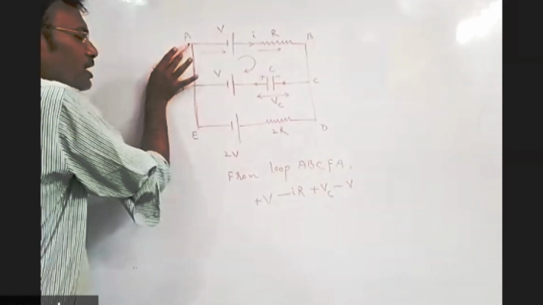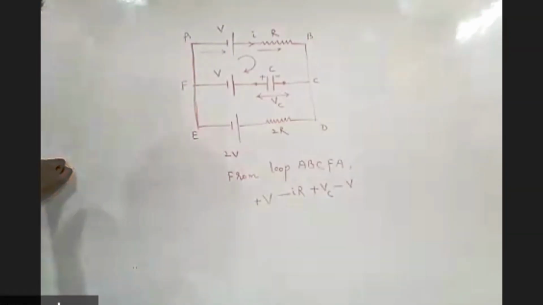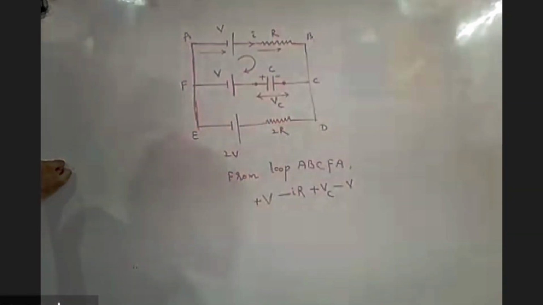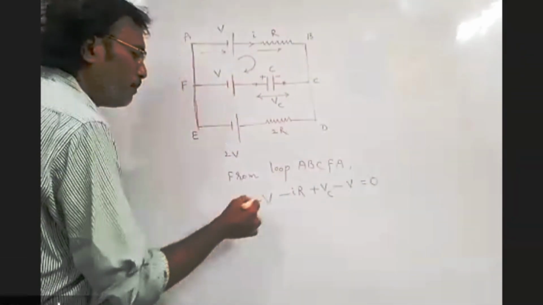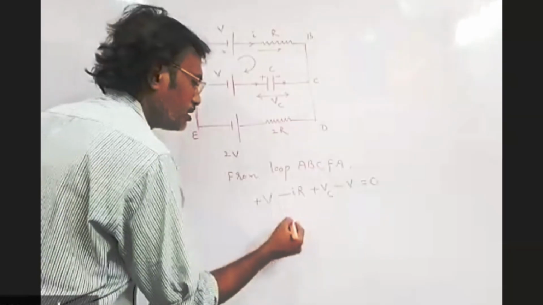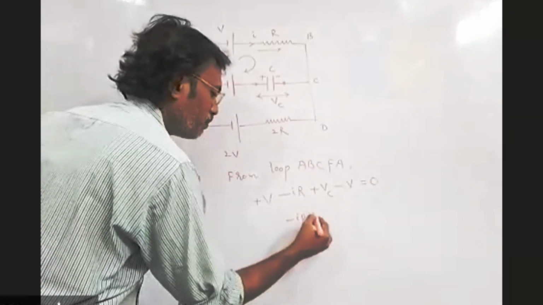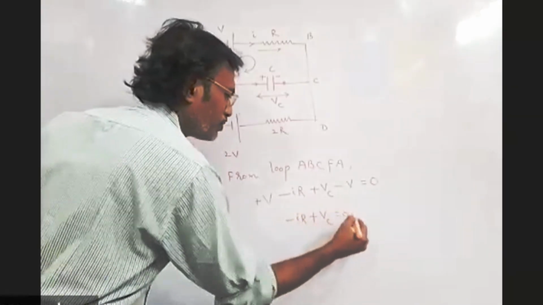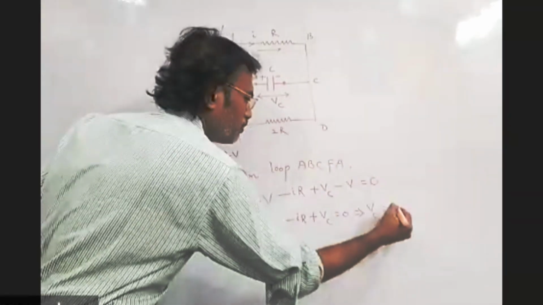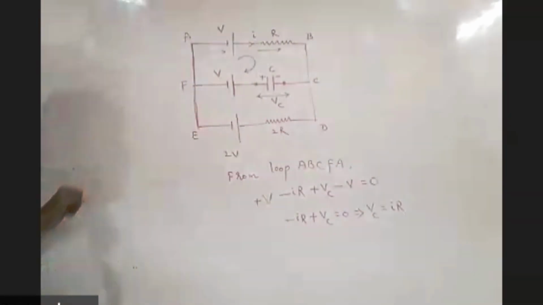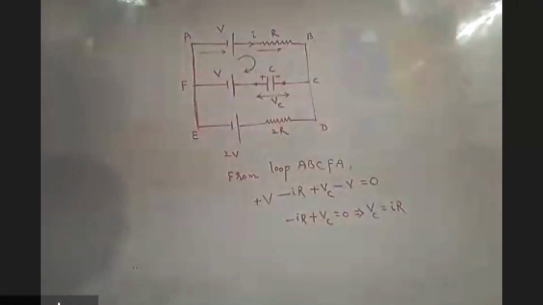You started from A, ended at A. So finally, that value is equal to 0. Plus V and minus V get cancelled. Then minus IR plus VC equal to 0. Then VC is equal to minus IR sent to that side, that is plus IR.